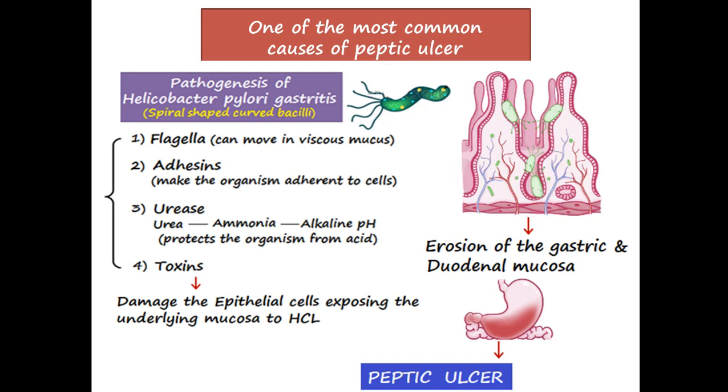To protect themselves from this harsh acidic environment, they will use their flagella and run to the sites where there is less acid. The antrum of the stomach is a very favorite site for H. pylori, because in this region there are comparatively few parietal cells, and as a result the production of hydrochloric acid is comparatively less in the region of the gastric antrum.